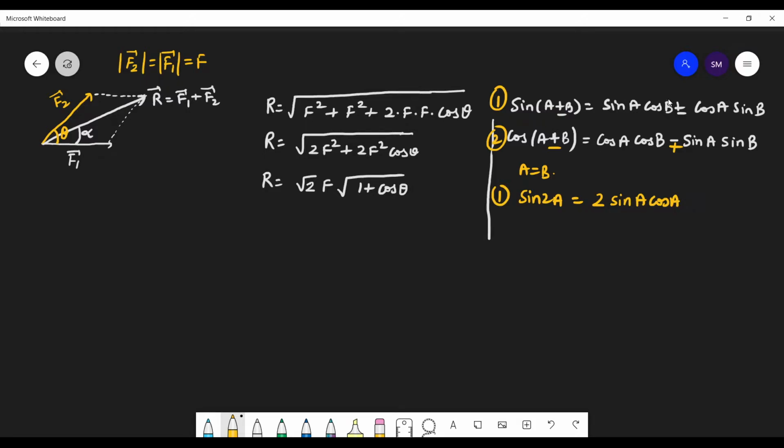Because A is equal to B, so this will also be A and this will also be A.